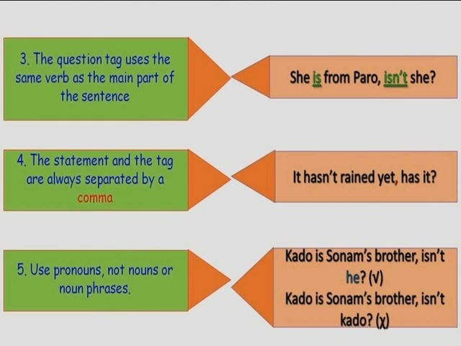See below. Kado is Sonam's brother. Isn't Kado? We don't say isn't Kado, right? Yes or no? So, instead of Kado, we are using pronoun he. Did I make it clear, all of you? So, remember, we use pronouns, not noun in a question tag. Okay?